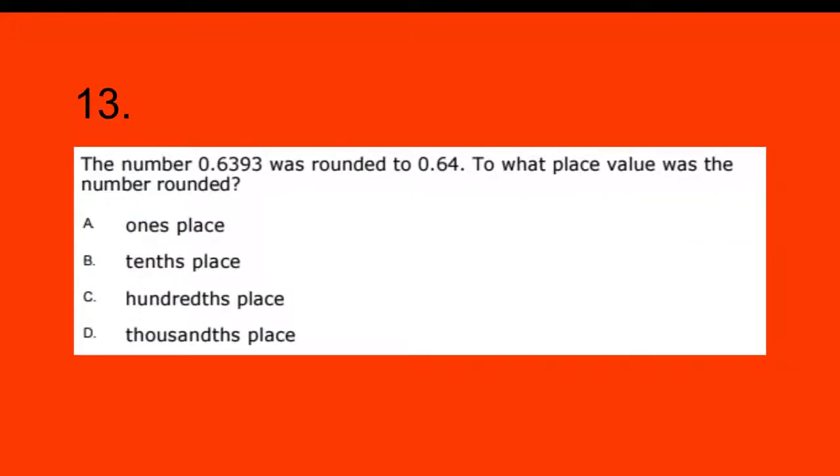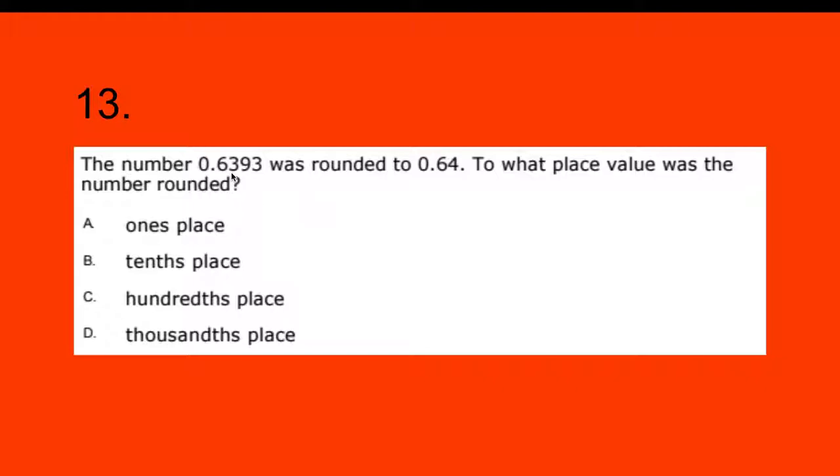The next one that we're going to look at is number 13. Number 13 says, the number 6,393 ten-thousandths was rounded to 64 hundredths. To what place value was the number rounded? Well, if I wanted to round this number to 64 hundredths, what digit would I need to look at?